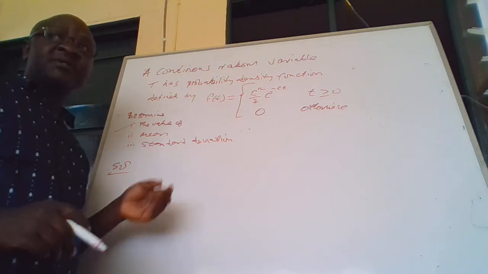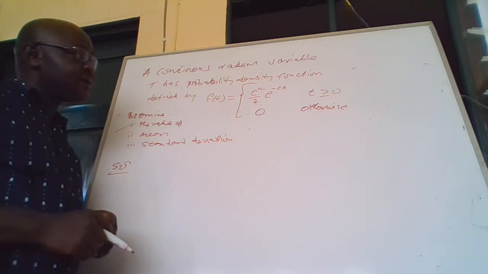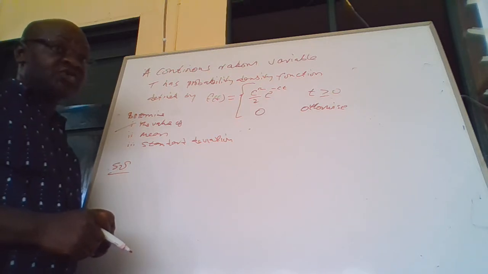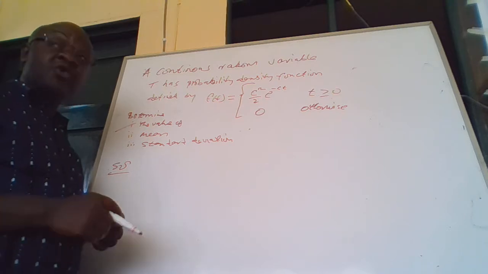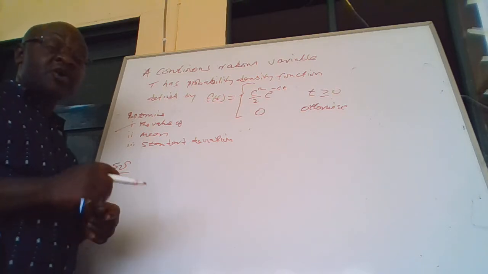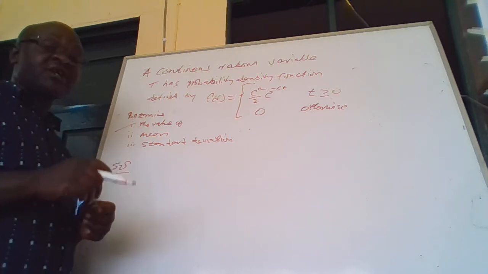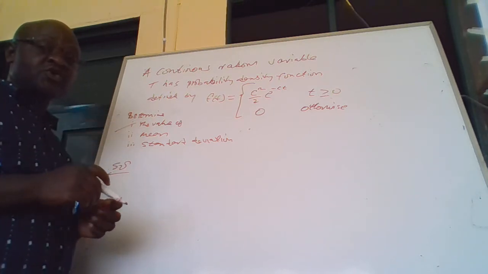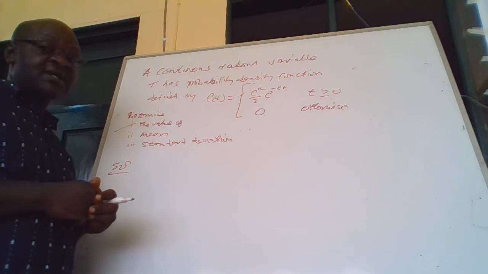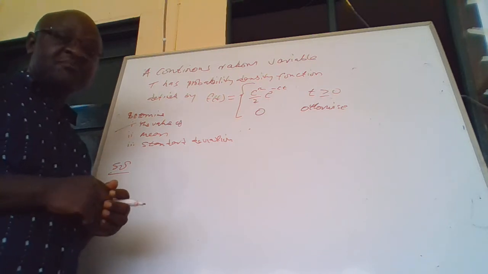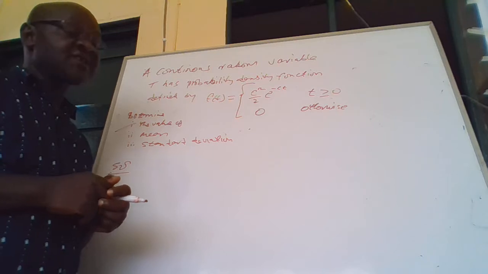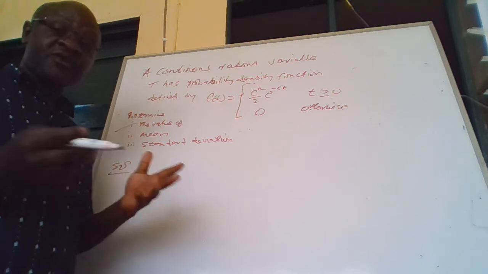There is a property of a probability density function that we need to apply. For a function to be a probability density function, one of the properties is that the integral of the function must give us 1.